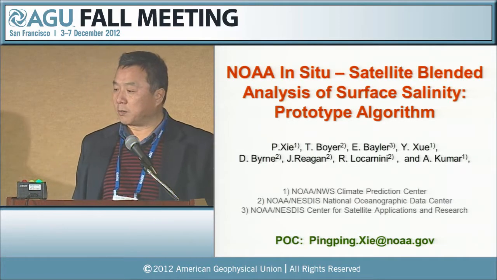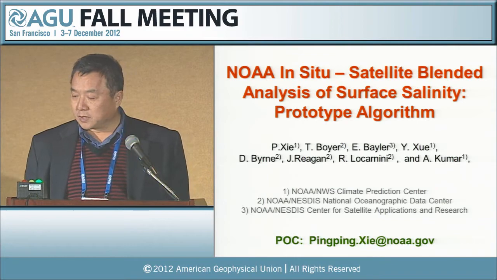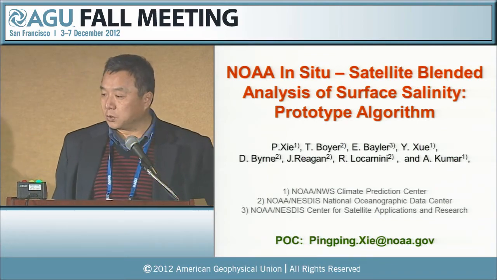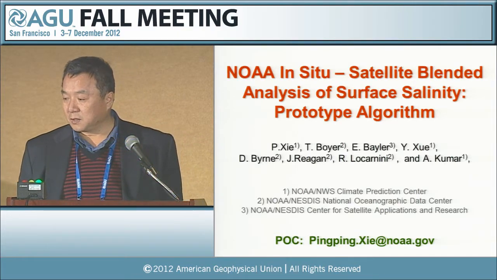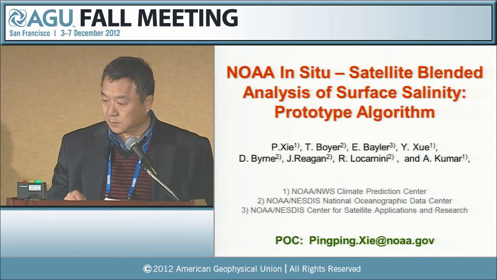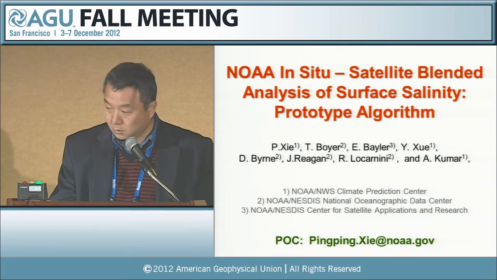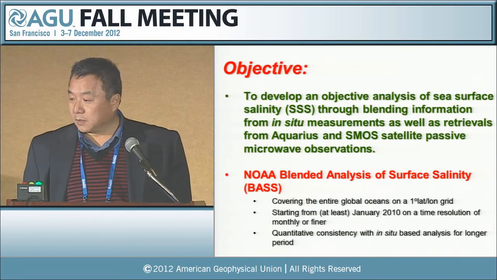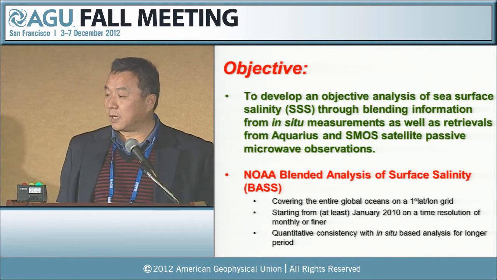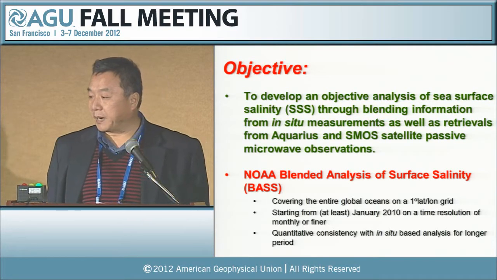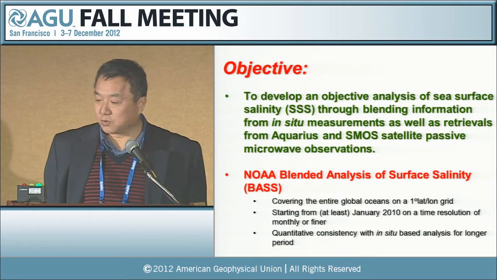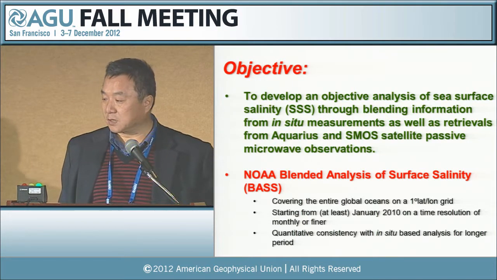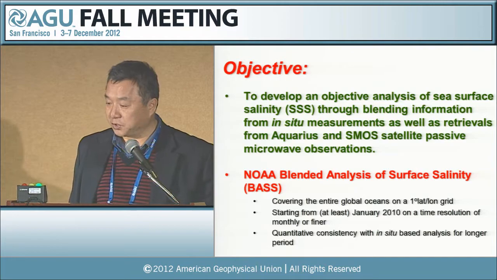What we're going to talk about is a new effort to develop an in situ satellite blended objective analysis of surface salinity, blending the information from the in situ measurements as well as the retrievals from both Aquarius and SMOS satellite passive microwave observations.